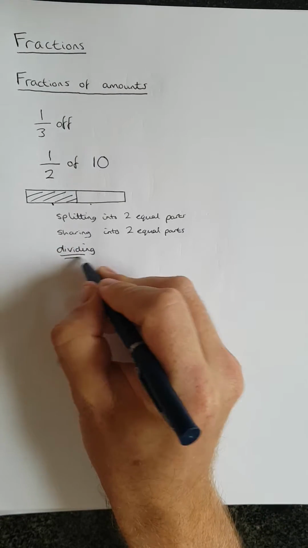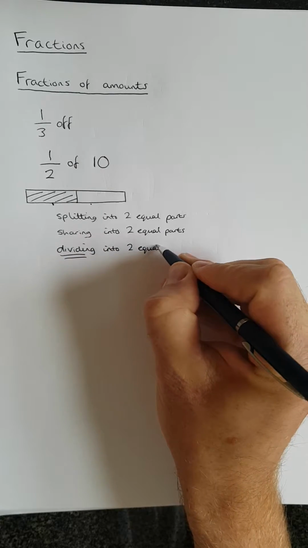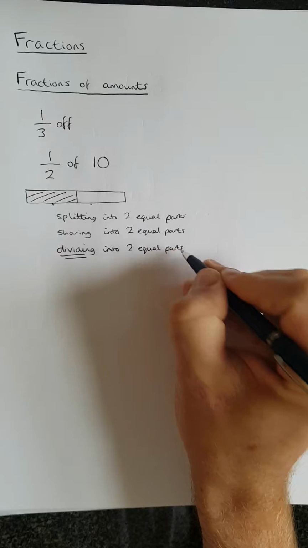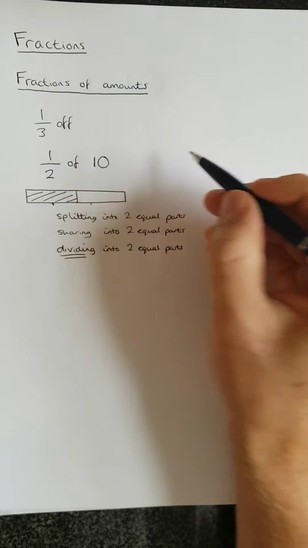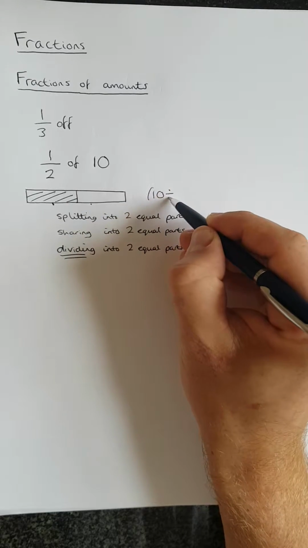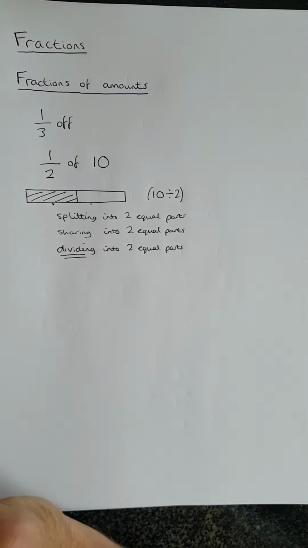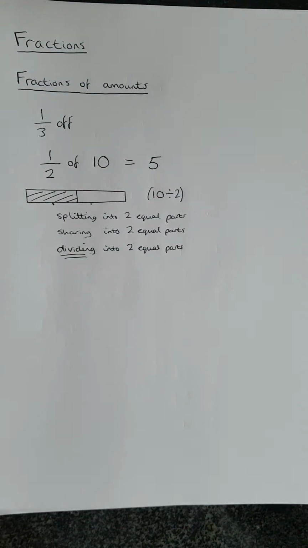Dividing into 2 equal parts. So 1/2 of 10 is when you do 10 divided by 2, which is 5.